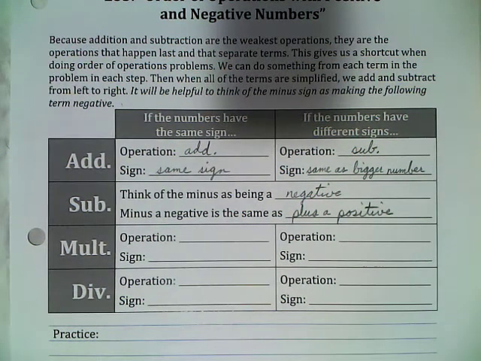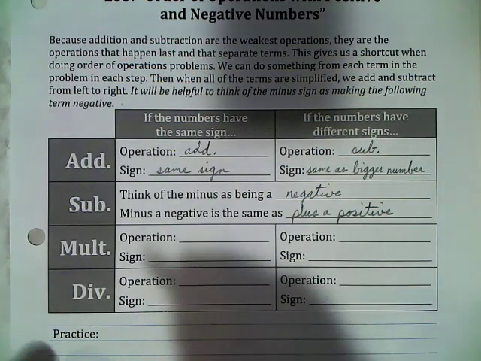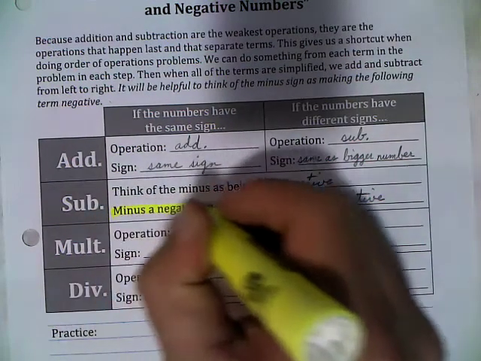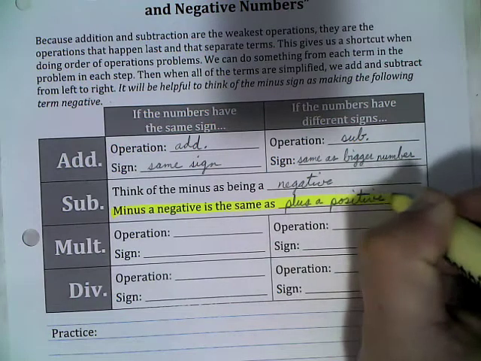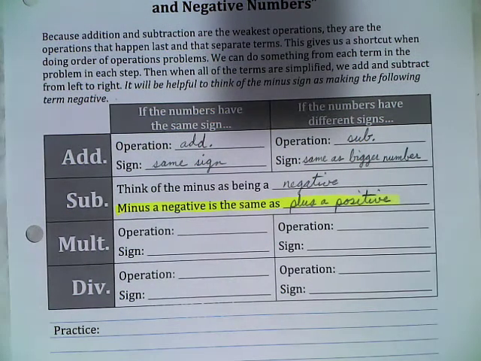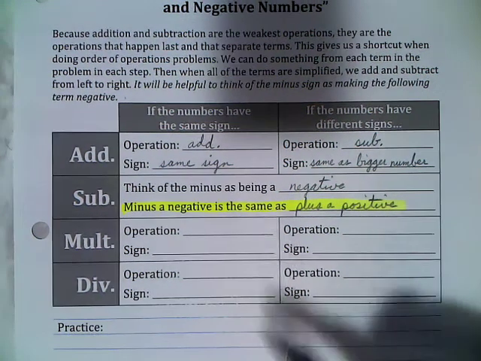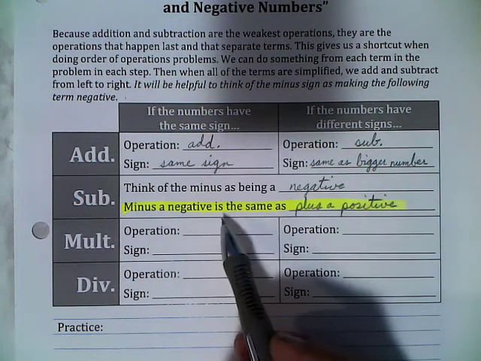In fact, that's so important that I want you to grab your yellow highlighter, please, and highlight that statement. So anytime we come across minus a negative, the minus and the negative, since they're happening to the same term, will cancel each other out and will become plus a positive. Okay, but they got to be right in a row, minus negative, right in a row.